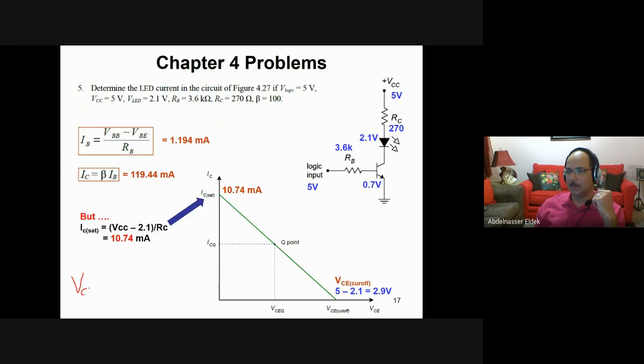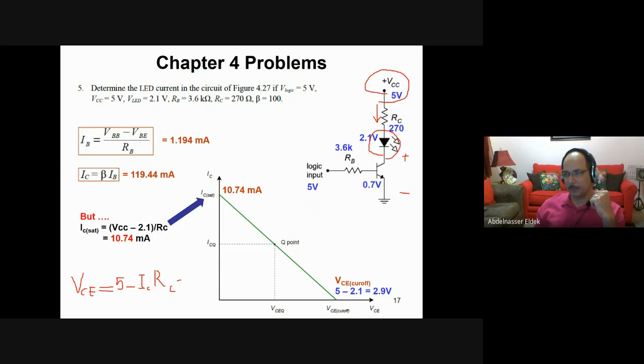VCE equal what? VCE is the voltage, positive, negative. Equal 5 volt minus this current IC, so 5 volt minus IC times RC. Okay, but you have another voltage across the LED, which is 2.1 volt.